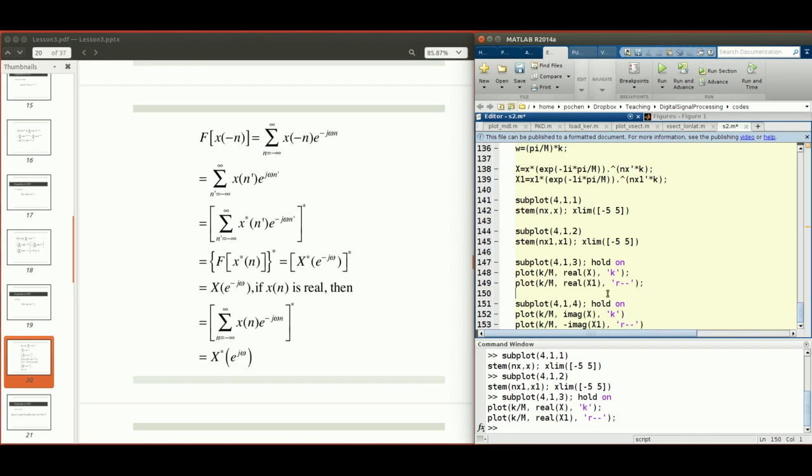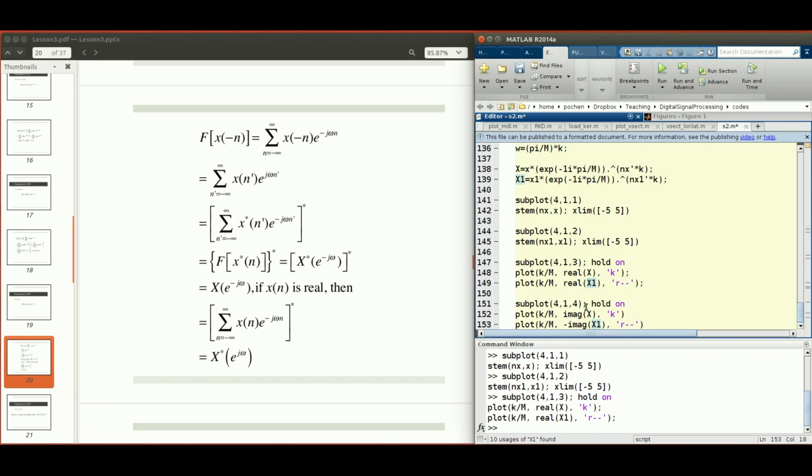And then let's look at the imaginary part, to see if it happens to differ just by a minus sign. Again, I'm plotting the imaginary part of big X in black, and the minus imaginary part of x1 in red dash.